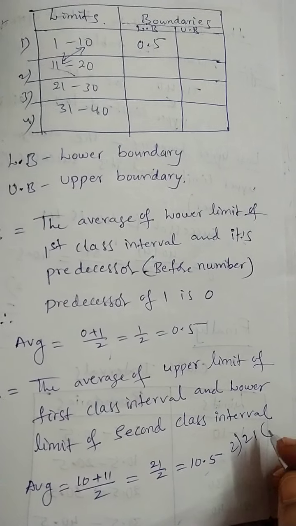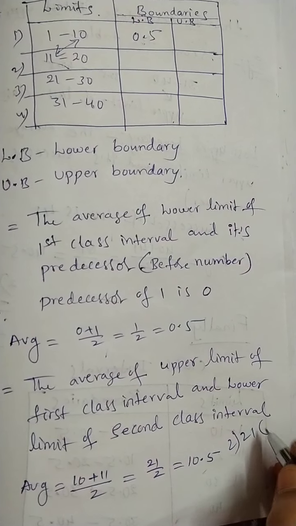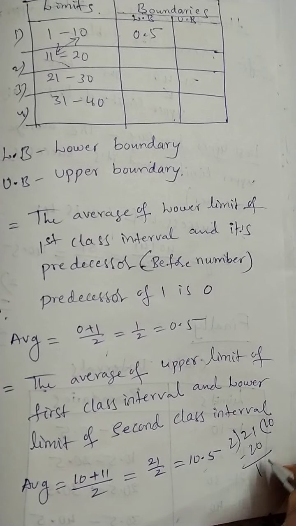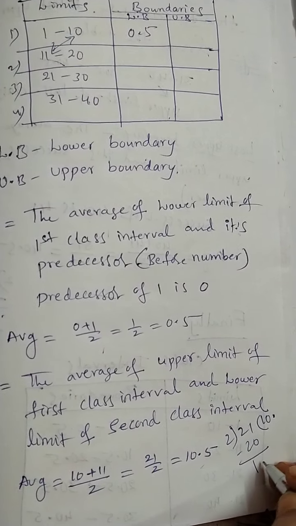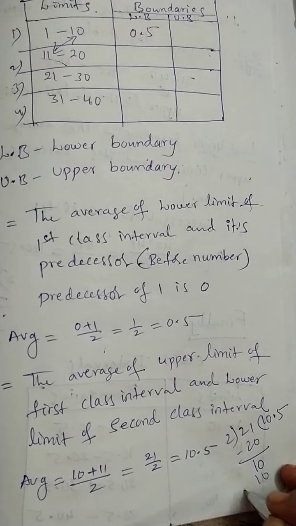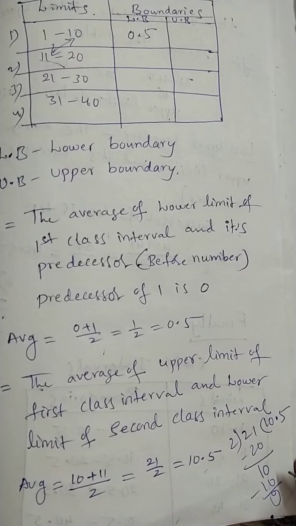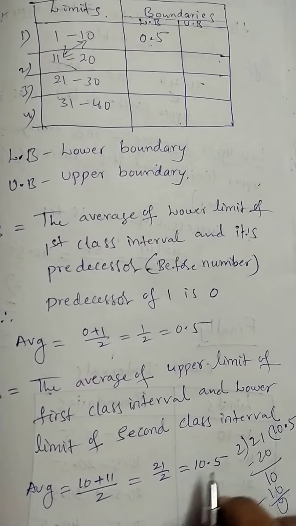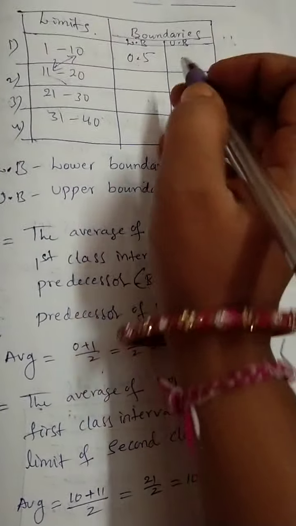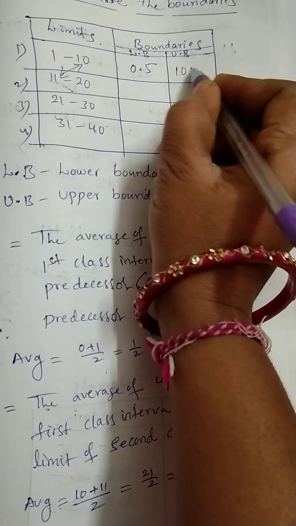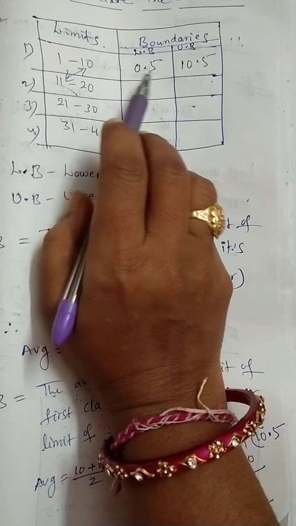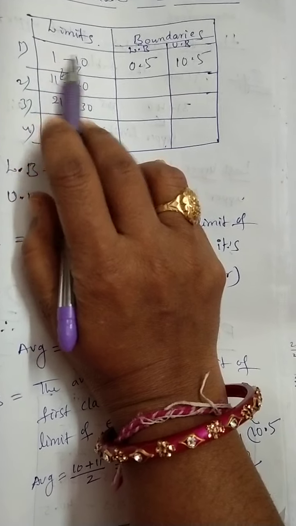How does it come? Two tens are 20, 1 is the remainder, take the decimal point and 0, two fives are 10. So 10.5. Now the upper boundary is 10.5. You can observe here, this is 1 and 0.5 is half of 1.